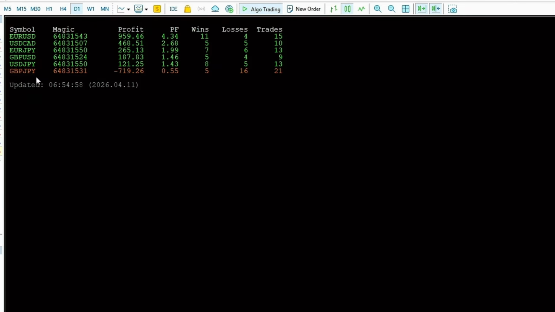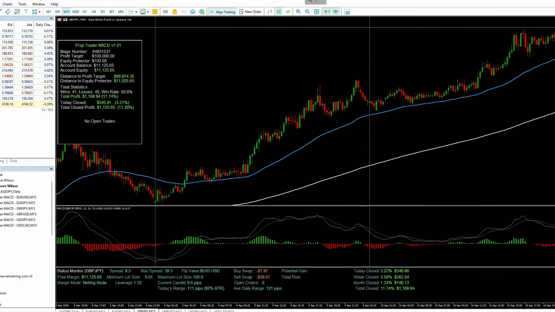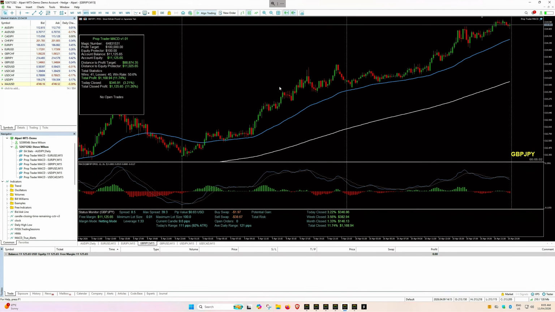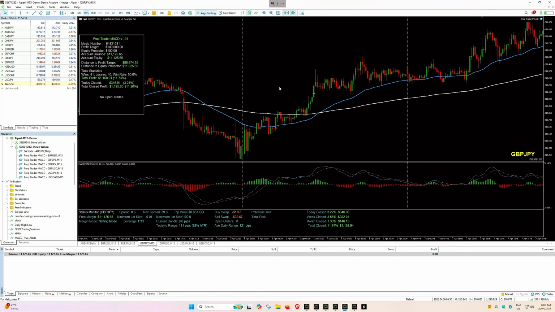I'm not really sure what the reason for that is, but let's have a quick look at the settings, and have a look at some of the losing trades if we can find them on the chart, and see why this one's not working. So here we can see the entry is valid for this previous losing trade.